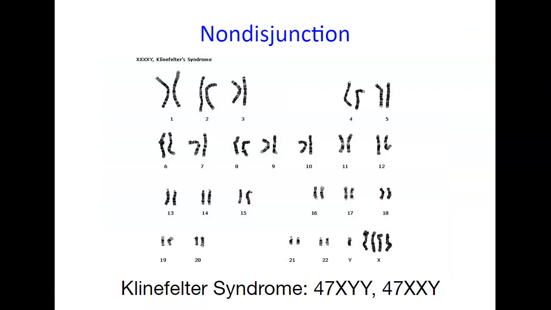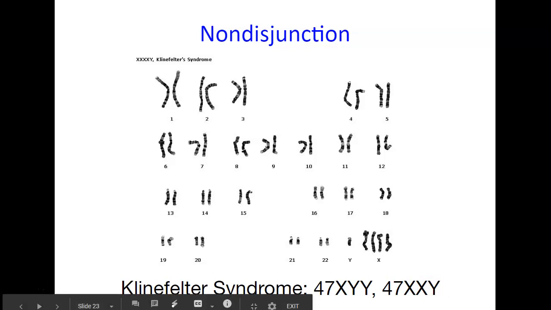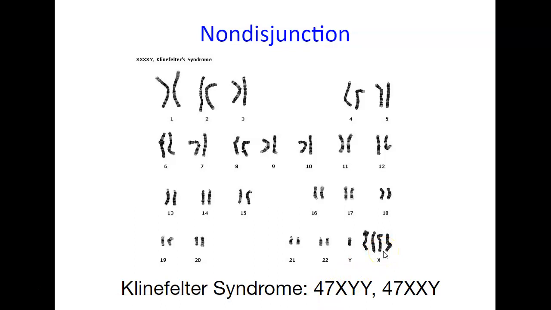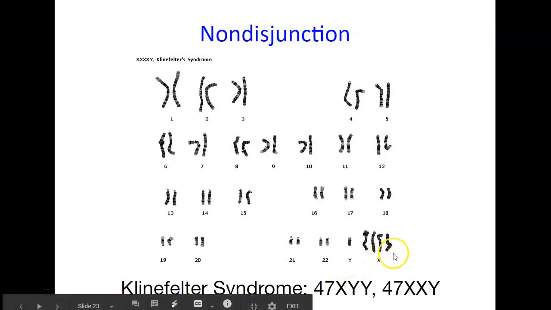Here's another example of an instance where maybe that happened twice. This person has 47, actually more than that, 49 chromosomes.